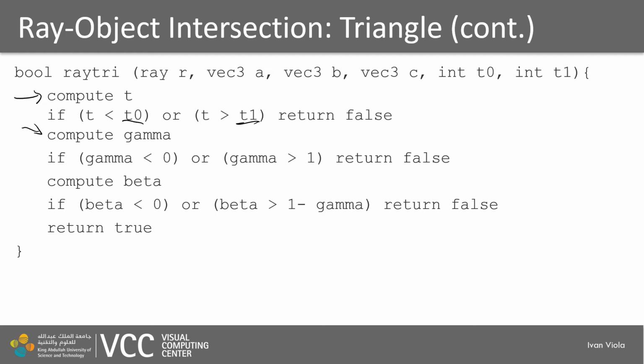We know that the point is not intersecting the triangle, only the plane, but at some other position. However, if gamma is between 0 and 1, then let's compute beta, and if beta is smaller than 0, or beta is bigger than 1 minus gamma, then return false. Otherwise, return true, so the intersection with the triangle has happened.